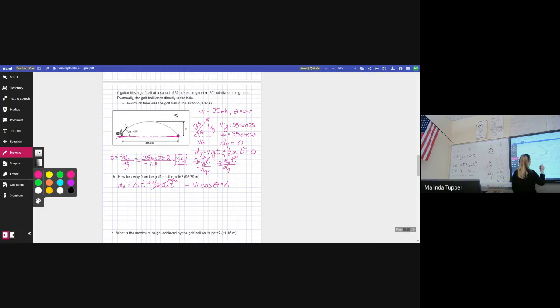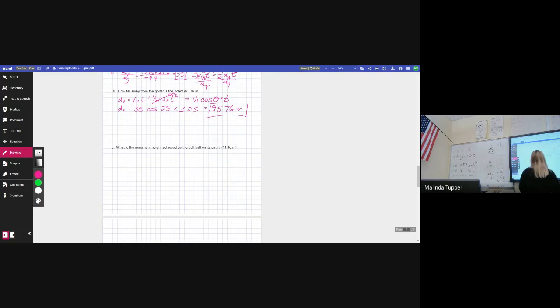So if we plug those numbers in, that is 35 times cosine 25 times 3 seconds. That gives me 95.76 meters for my range.